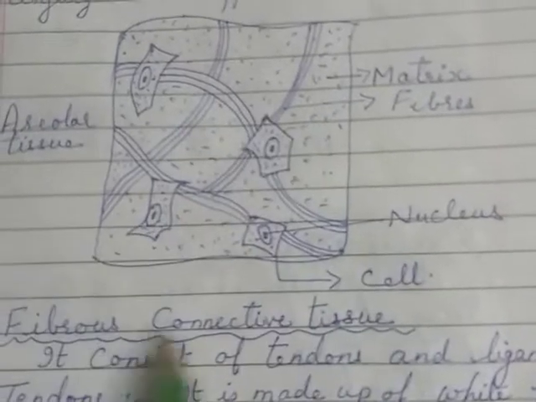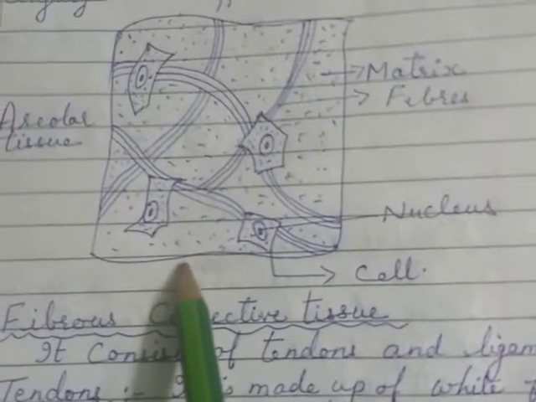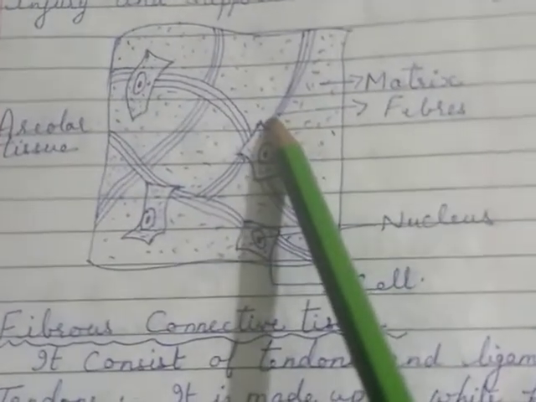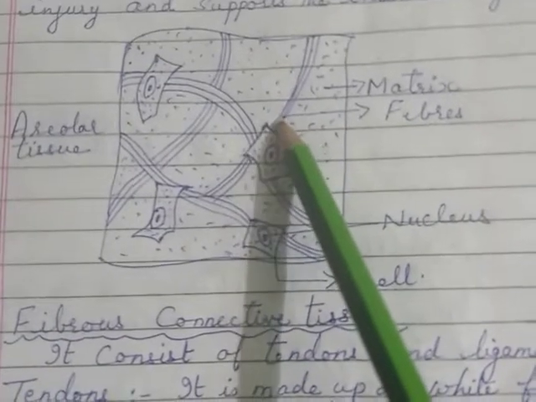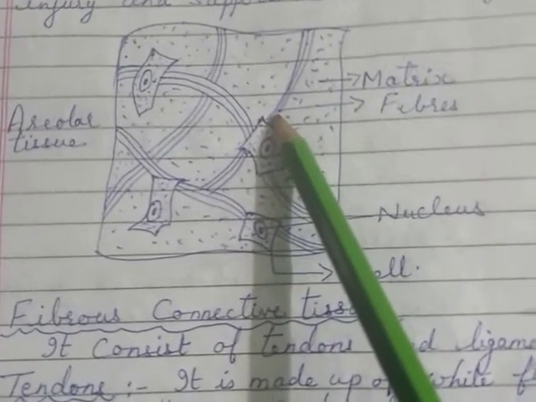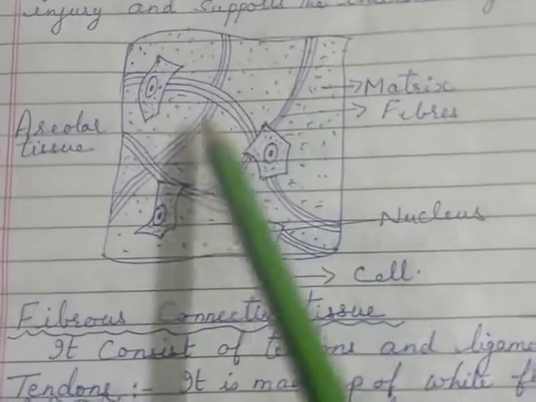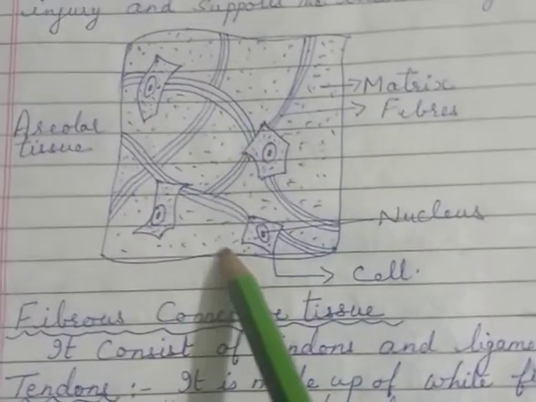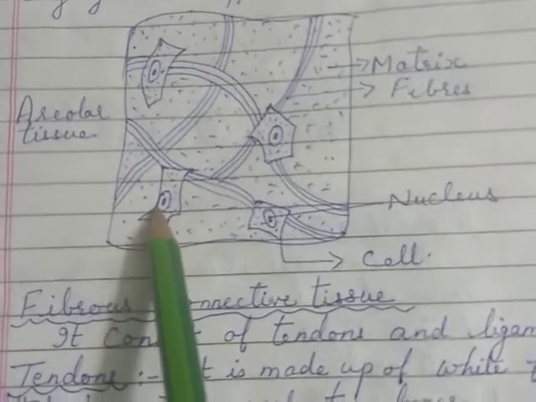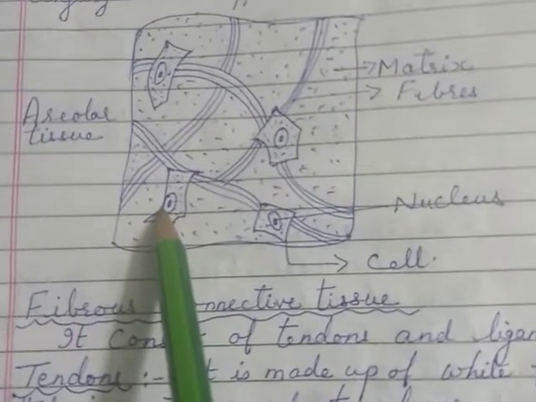So this is the diagram of an areolar tissue. Again, I will tell you, these are the fibers you can see, and matrix is made up of white and yellow fibers, and this is the ground substance which fills the tissue. These are the irregular cells with nucleus. Now, the location.